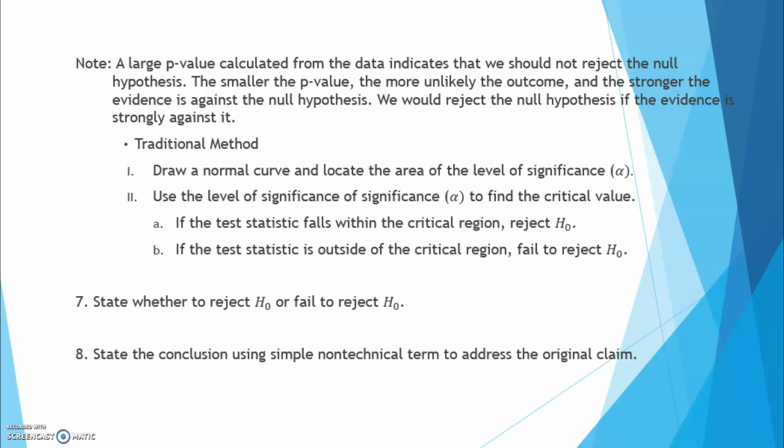Okay, the traditional method, so we're going to draw a bell-shaped curve, and we're going to locate the area of the level of significance, and we're going to see if the test statistic falls within the critical region, we'll reject H sub 0.